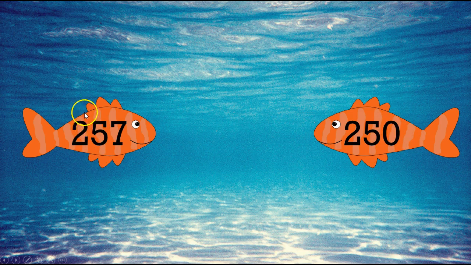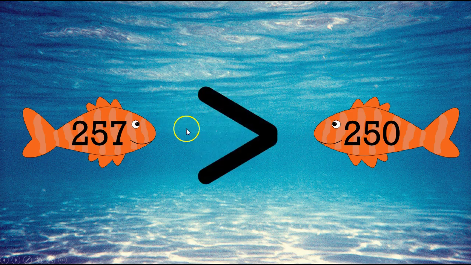We know that they have the same hundreds, the same tens, but this one has more ones than this one. So that means 257 is greater than 250. Let's put our symbol up. And remember, the mouth of our symbol is going to eat the bigger fish. So we're reading this from left to right as 257 is greater than 250.